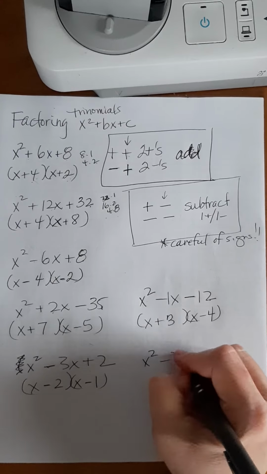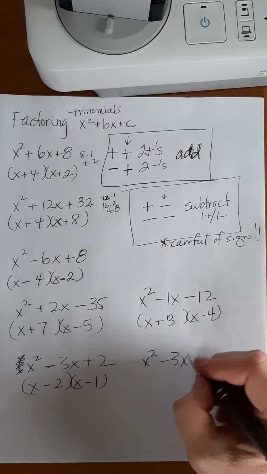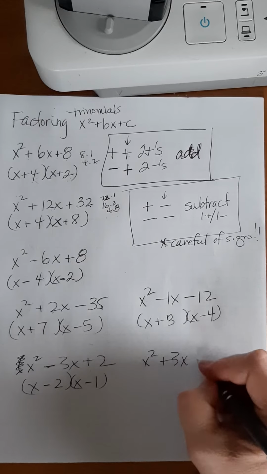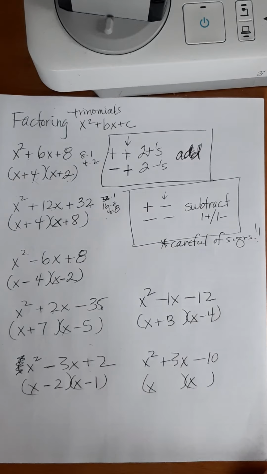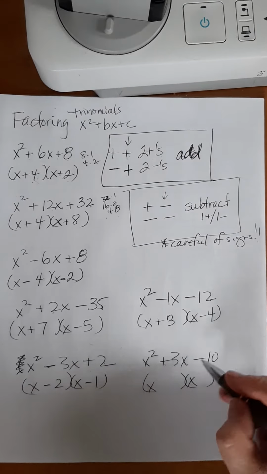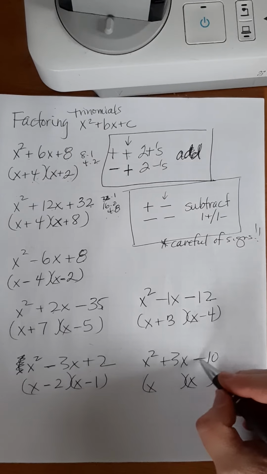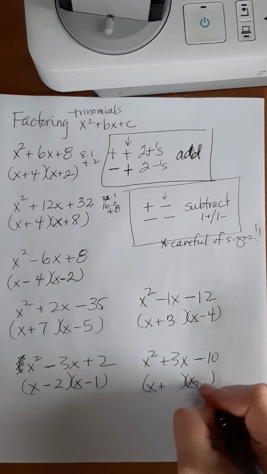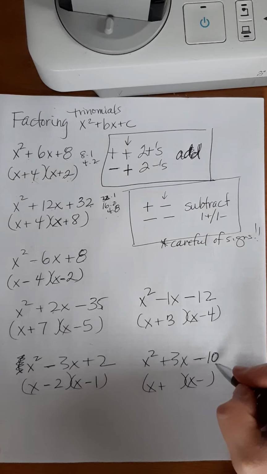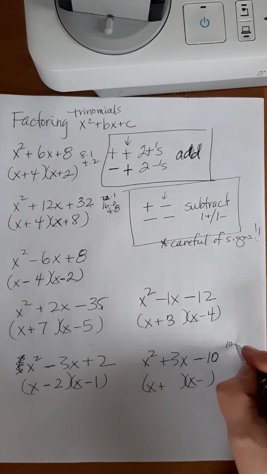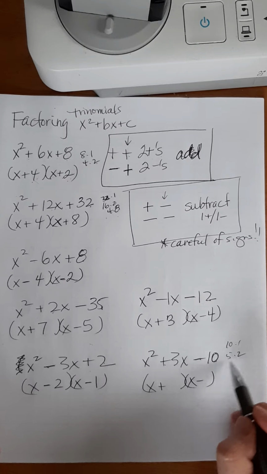Let's say x squared plus 3x minus 10. Same, x and x. Plus and minus, so you know it ends in minus, so one plus and one minus, doesn't matter the order. But what multiplies to give you 10 and subtracts to give you 3? 5 and 2.